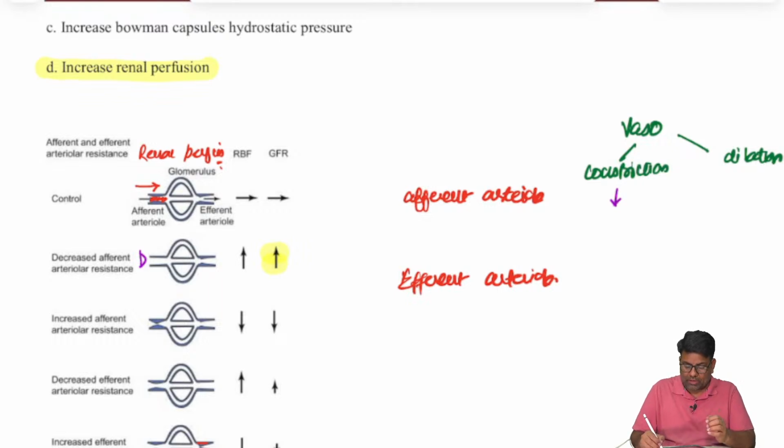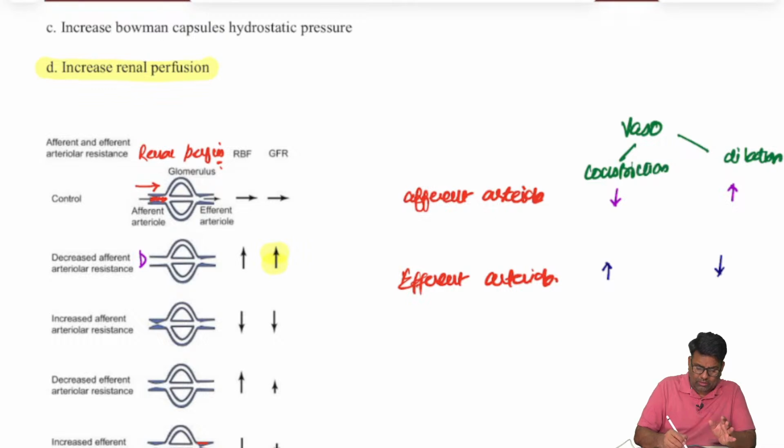If there is vasodilation of the afferent arteriole, that will promote more blood flow to the glomerulus, and that will increase GFR, right? Similarly, if there is vasoconstriction of the efferent arteriole, that will leave the blood in the glomerulus for a longer period of time, so GFR will increase. And if there is vasodilation of the efferent arteriole, that will promote outflow of blood from the glomerulus, and that will decrease GFR, right? So this is the table which you should remember in terms of the state of the vessels of the afferent or efferent arteriole, right?